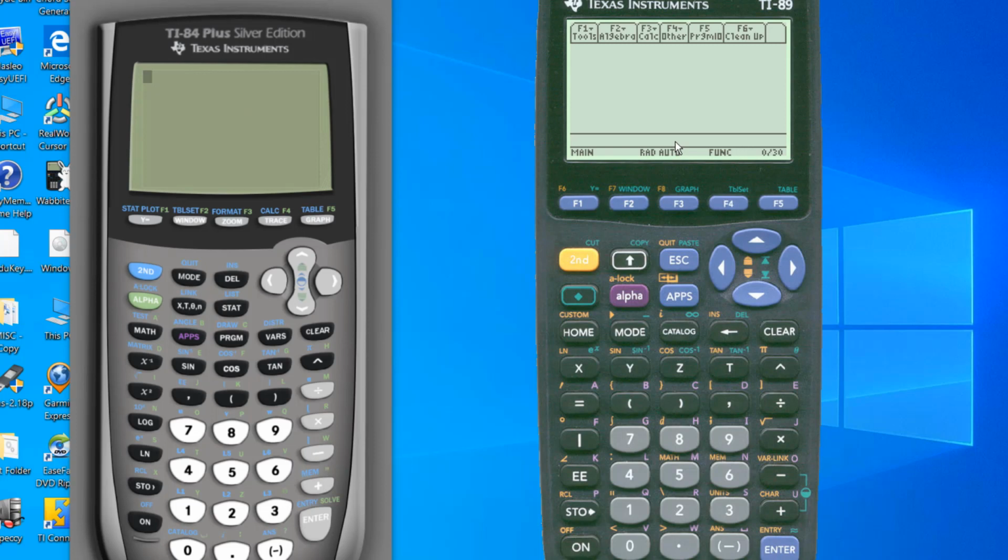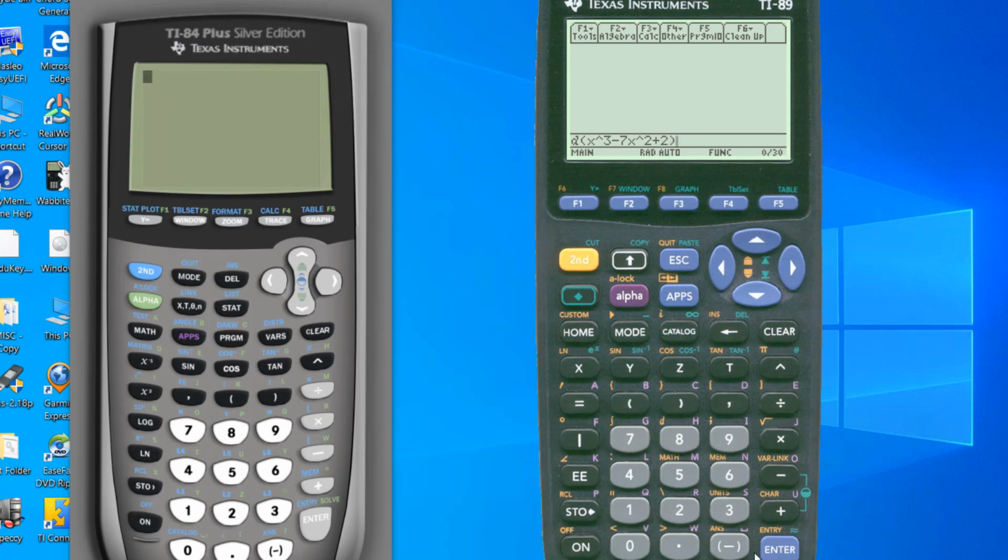Now, if you're doing other stuff over here, say calculus, F3 here. Let's say we're going to take a derivative. We'll take x to the third power minus 7x squared plus 2. Notice this is saying derivative of whatever is in here.